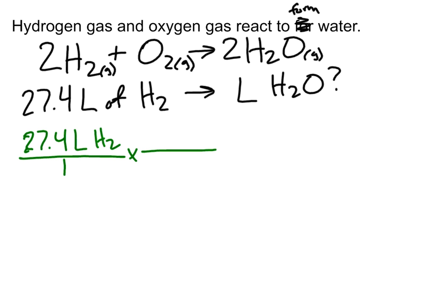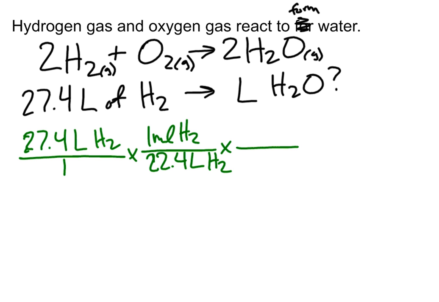And then I need to get to moles, because I need to use the molar ratio regardless. When it comes to when to use the molar ratio, if you're dealing with more than one substance, you're using the molar ratio. In this case, I'm still going to use the molar ratio. So I'm going to end up with 22.4 liters of H2 is 1 mole of H2.